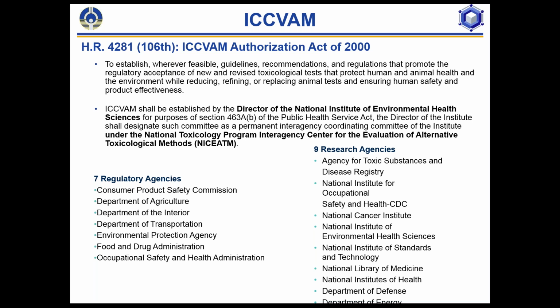The idea is that we want to coordinate among them to help institute the 3 R's, reducing, refining, and replacing animal tests, while ensuring human health safety and environmental safety, and the effectiveness of the product or the procedure that's going in.